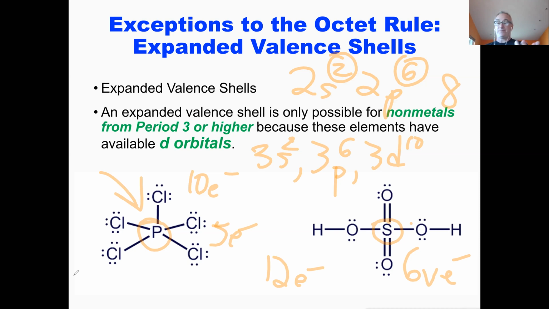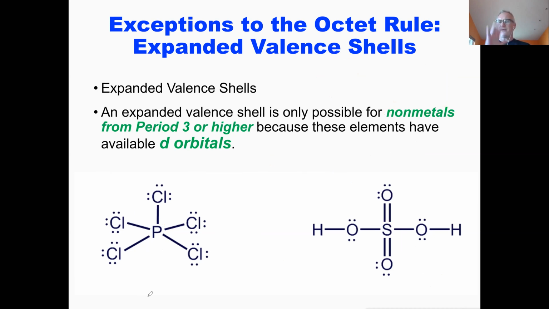In fact, probably more often than not, because a lot of the times they're bonded to things like oxygen, which is very electronegative, takes electrons from it, and so it forms lots and lots of bonds to get to the total number of valence electrons that it needs. Okay, so hopefully we've all seen this before. But yeah, sulfur and phosphorus are the 2 classic ones that violate this rule, possibly more than anybody else.